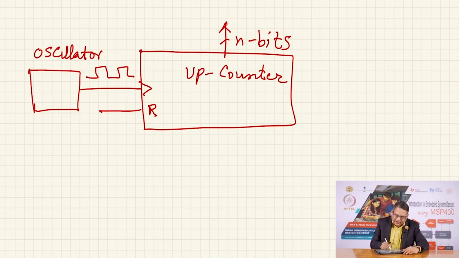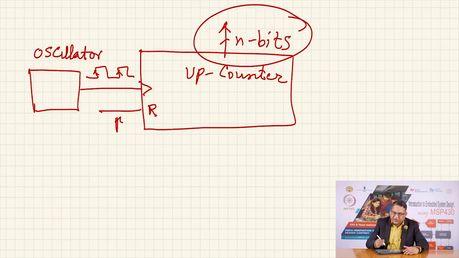After I assert reset on this pin, it will count these pulses, and if I am able to read these n bits and I find the count is 1350, then I can also tell how much time has elapsed since the time that I reset this counter.